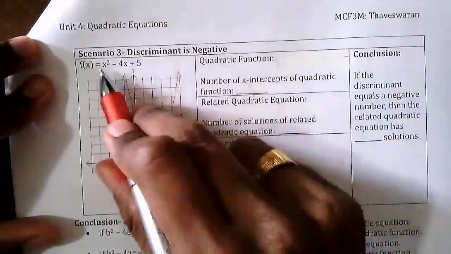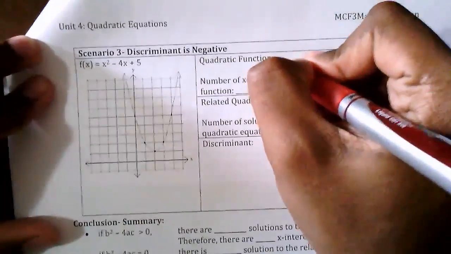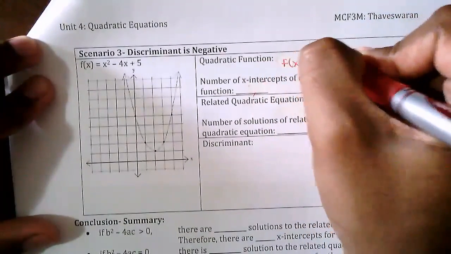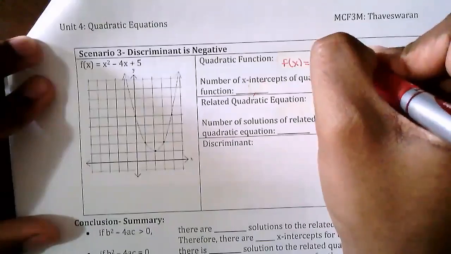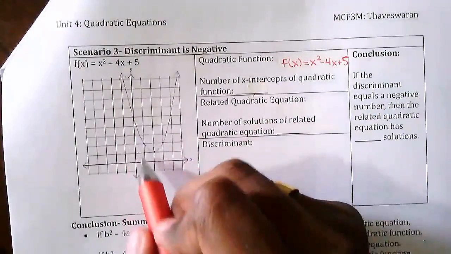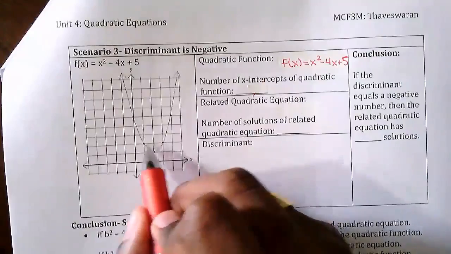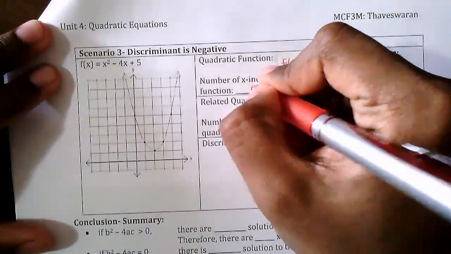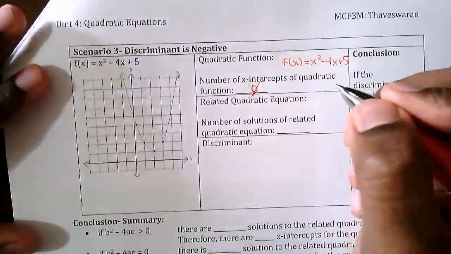So what is the quadratic function? Well, we're just copying this down. f of x is equal to x squared minus 4x plus 5. How many x-intercepts does this function have? Well, here's the x-axis. It's crossing the x-axis 0 times. So 0 x-intercepts.